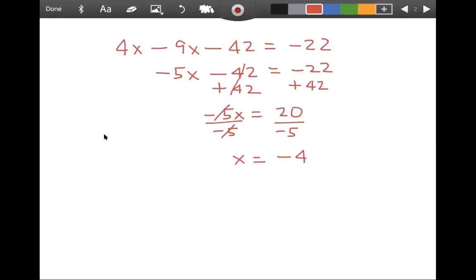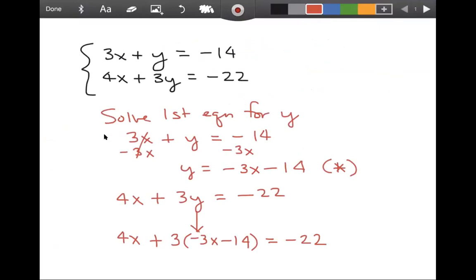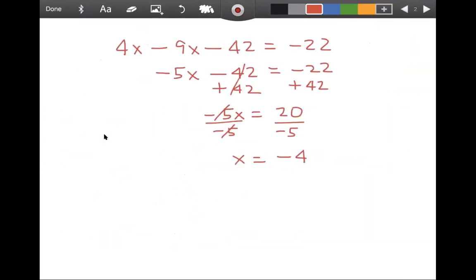All right, so we have x, we need y. So now I'm going to substitute this value of x into equation star, which is y equals -3x minus 14.